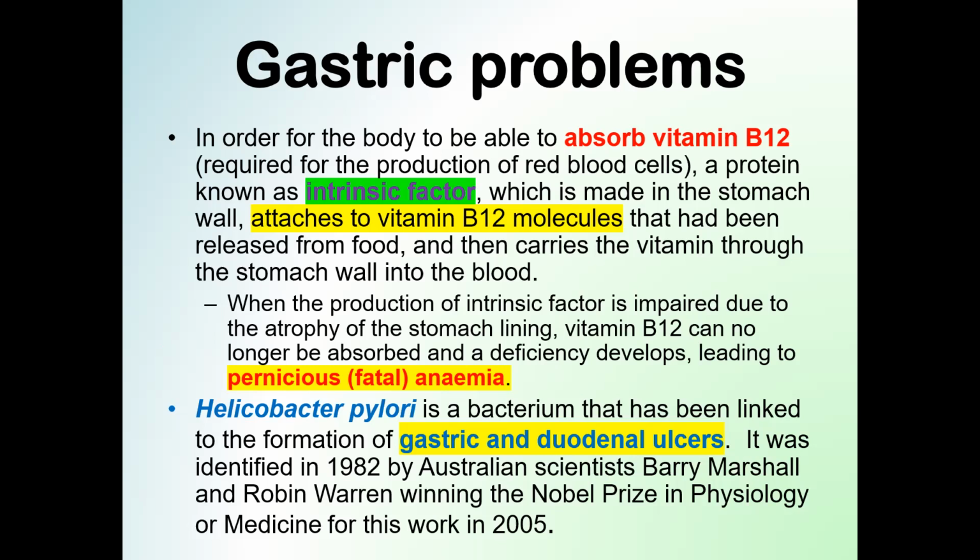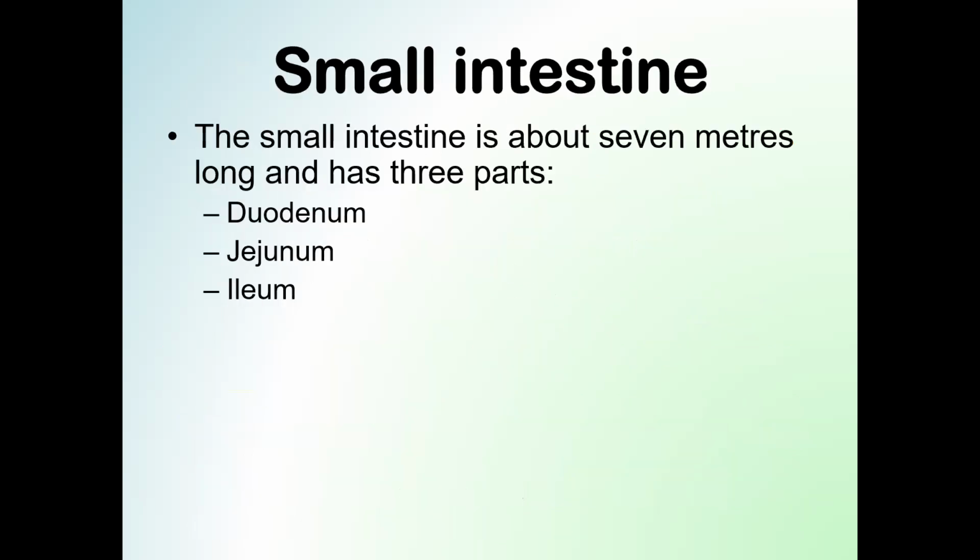Then he took the appropriate antibiotics, and he was magically healed. So this is what scientists often do. They test on themselves, and it works. So these days, gastric and duodenal ulcers are very rare. Well, they exist, but with particular antibiotics, they're cleared quickly.